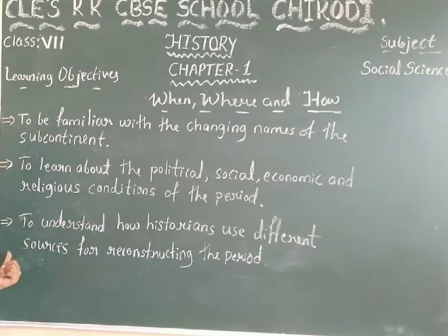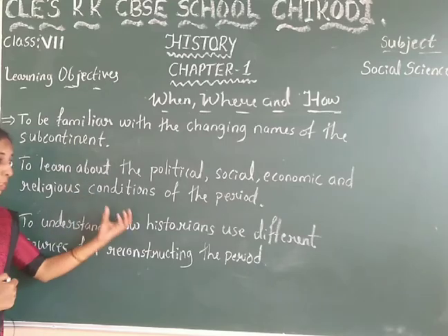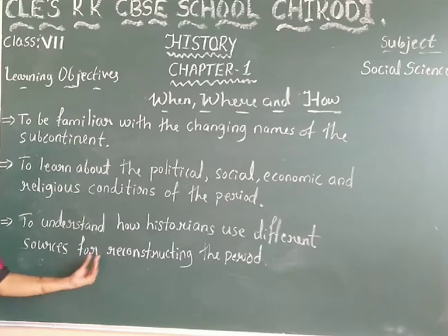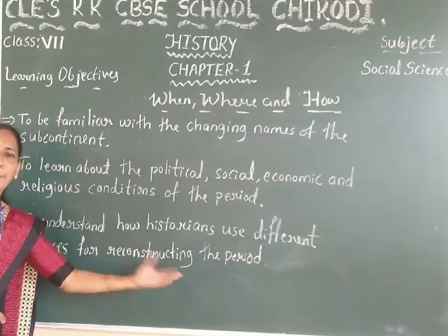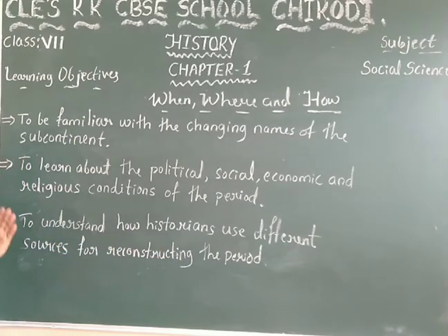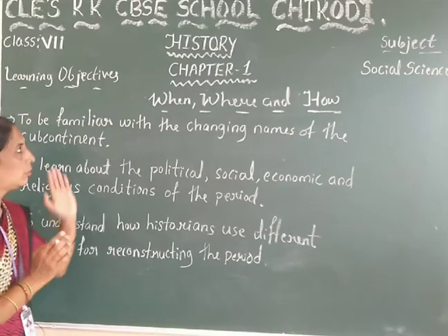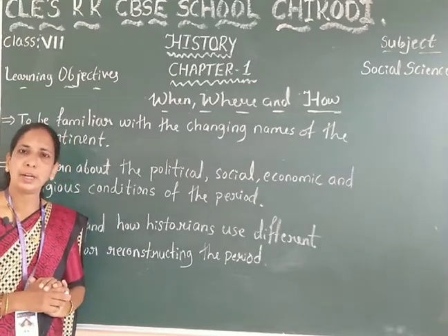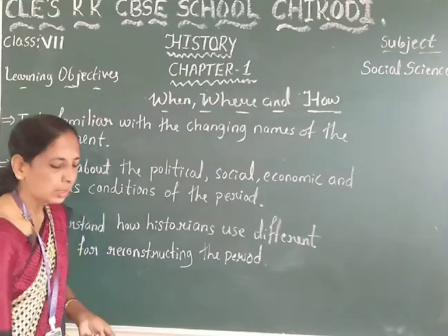And the last is to understand how historians use different sources for reconstructing the period. So in all, we are going to learn about chapter number 1, When, Where and How.